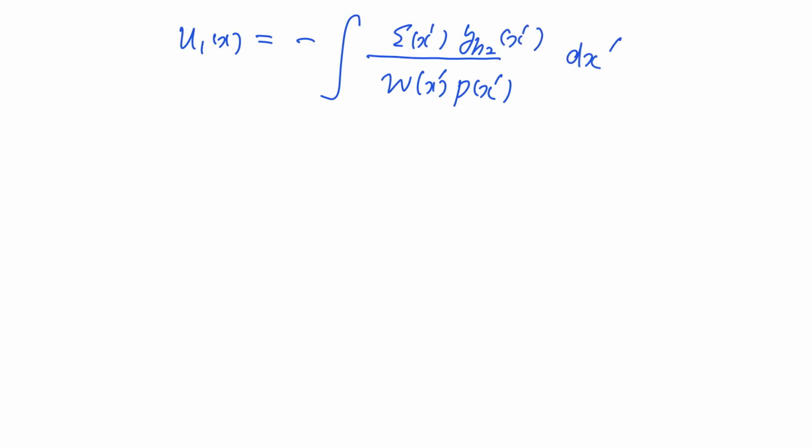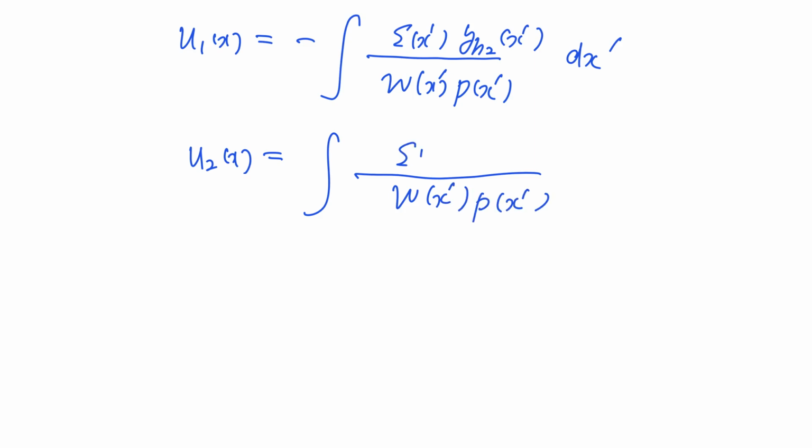This is an indefinite integral. Indefinite integral is called 부정적분, right? Just a function of x. And u2(x) is the integral of s(x') yh1(x') over W(x') p(x') dx'.